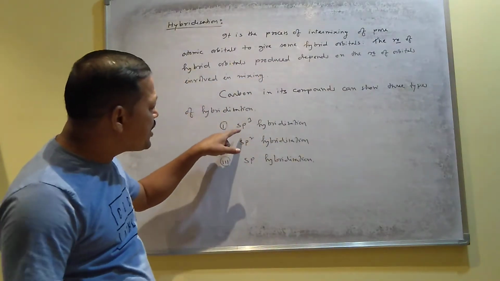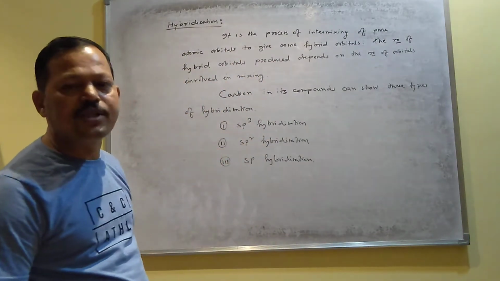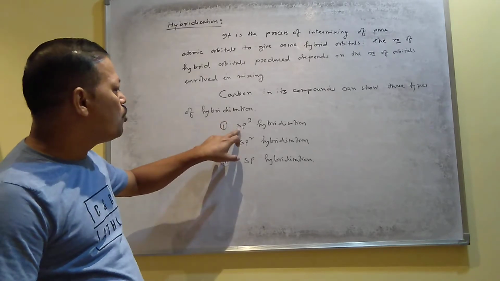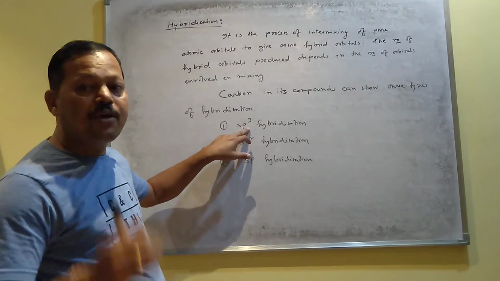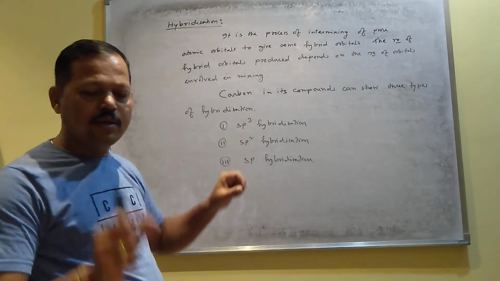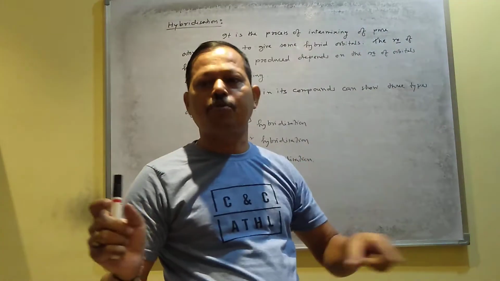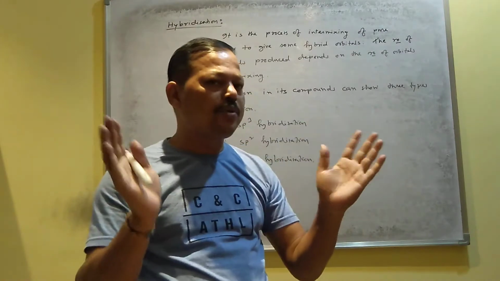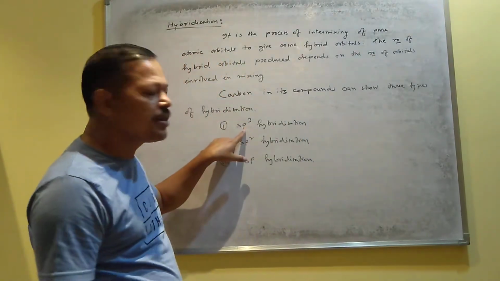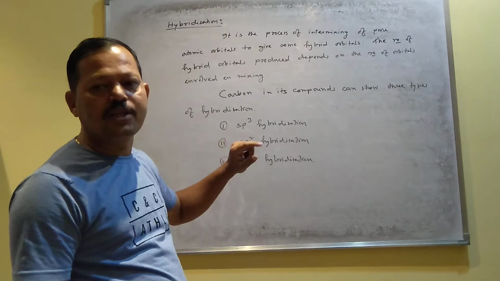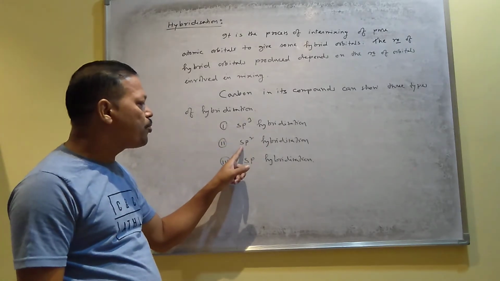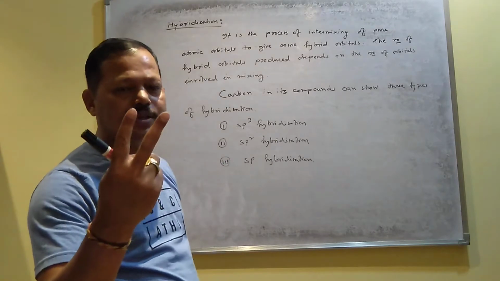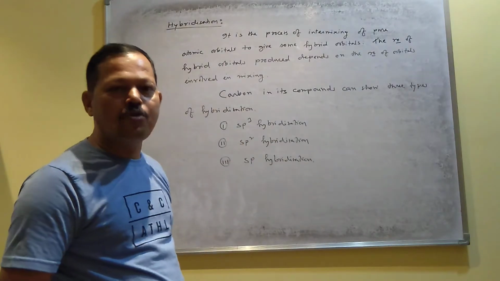Now, why are the names sp3, sp2, sp? What is the meaning of it? When one s orbital combines with 3 p orbitals, total 4 orbitals, that hybridization is said to be sp3 hybridization. When one s orbital mixes with 2 p orbitals, then it is said to be sp2 hybridization.